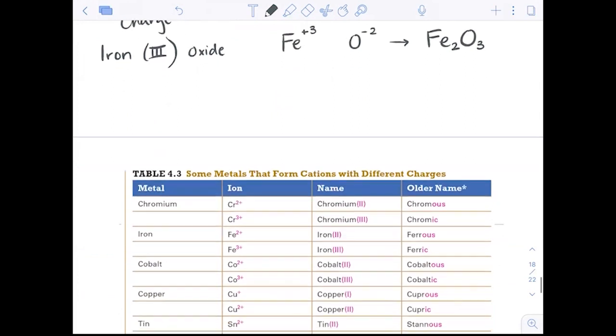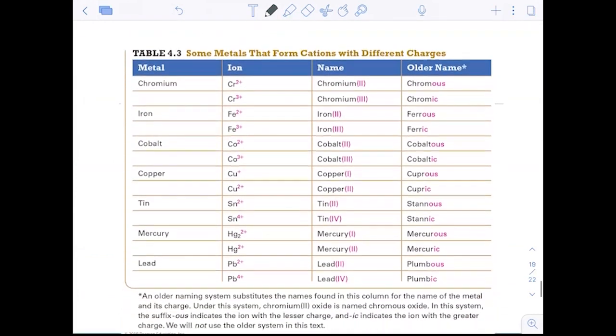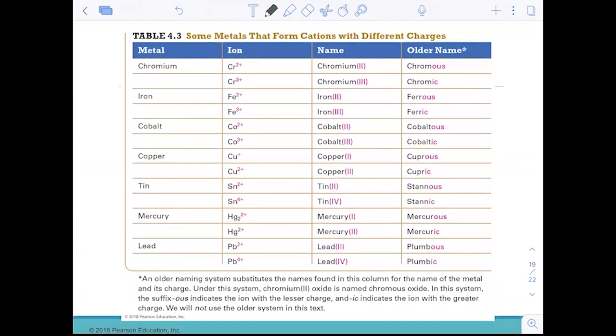So anytime we have a transition metal or even a post-transition metal, things like lead or tin, we always need to follow the name with the Roman numeral. Other than that, they follow the typical main group elements. Now, you'll see that there are some older names. We don't need to use the older names. The new name with the Roman numerals is a new substitution for that.